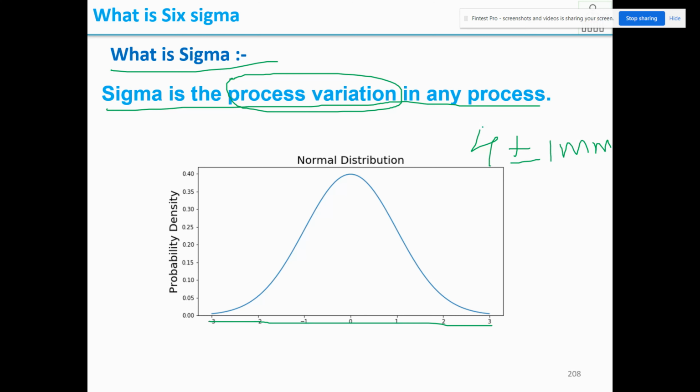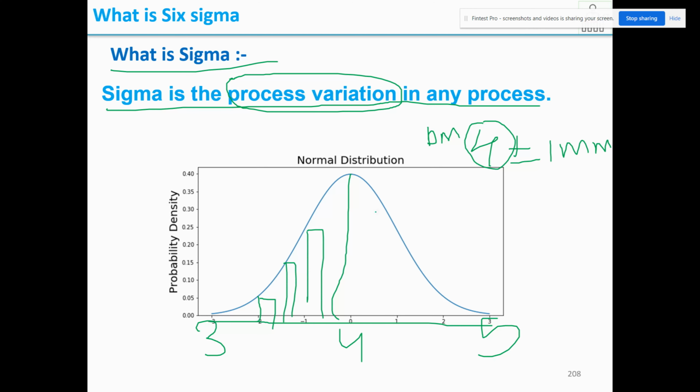This is my required drawing mean, or drawing center. So the drawing mean is 4, this will be 5 and this will be 3. So my data can fall within 3 to 4 or 4 to 5.